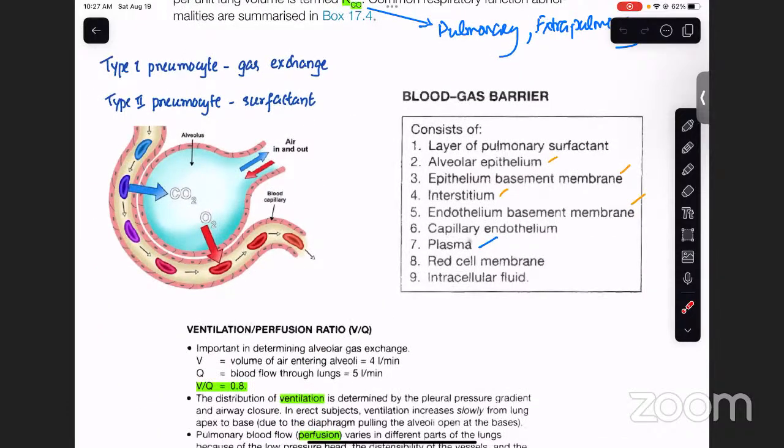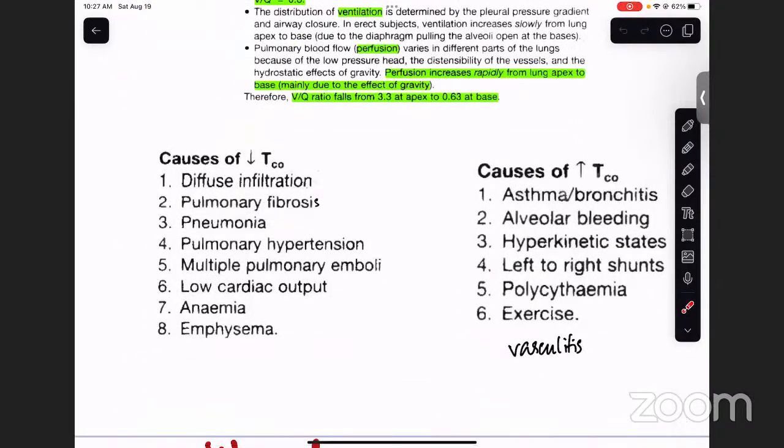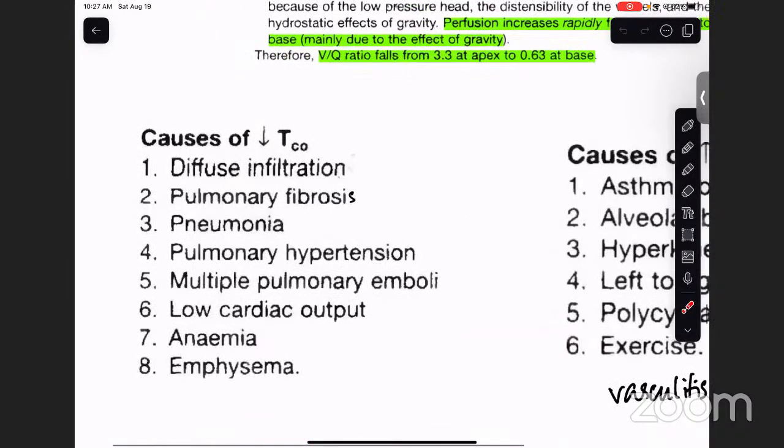To know about it, you need to note the blood-gas barrier, very important things: alveolar epithelium, interstitium, basement membrane, and the plasma. Okay, these are examples of reduced TLCO and increased TLCO. Here, you can see some pathology like pulmonary fibrosis. There will be fibrosis of the interstitium, and the gas exchange will be reduced.